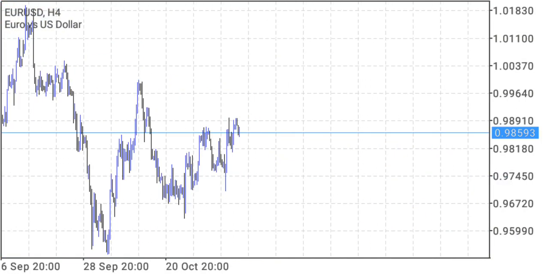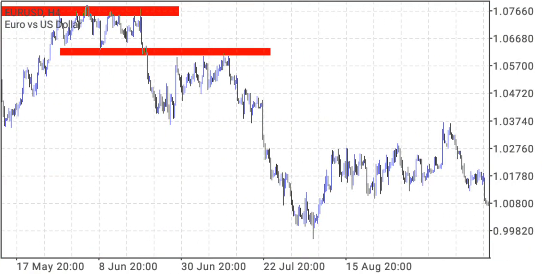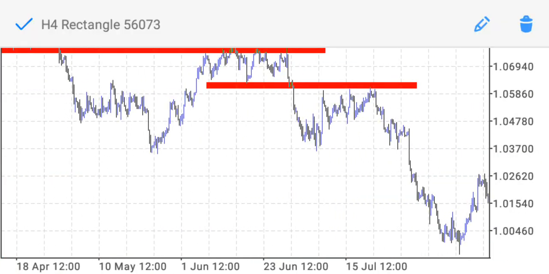Let me quickly identify something else. Now as you can see, Euro USD is actually on a downtrend.